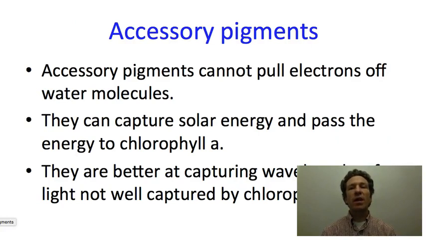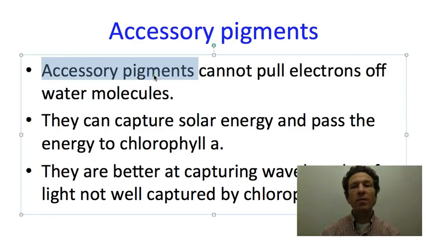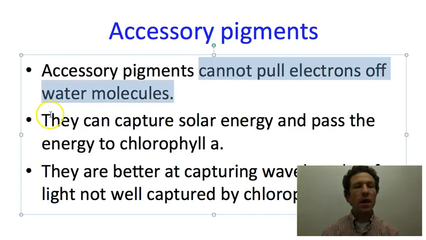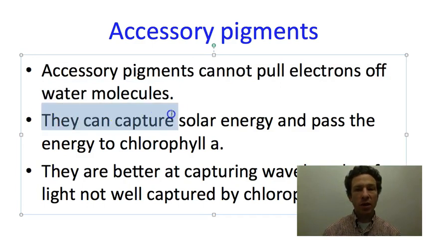So accessory pigments is going to be our general term for any pigment that is involved in photosynthesis but is not itself able to pull electrons off of water molecules. Instead, they capture solar energy and they pass the energy only onto chlorophyll A, not electrons.